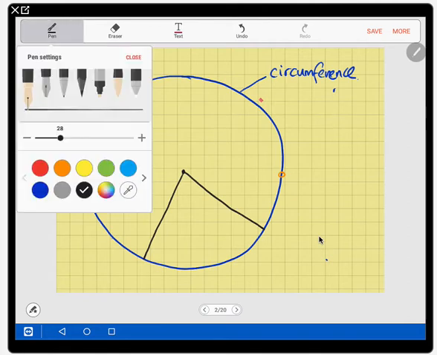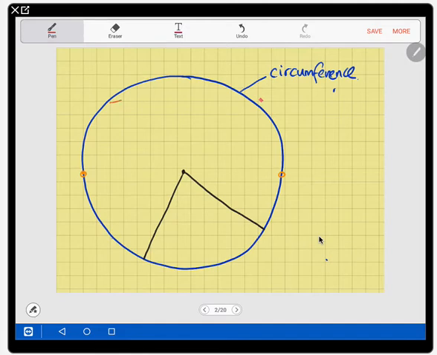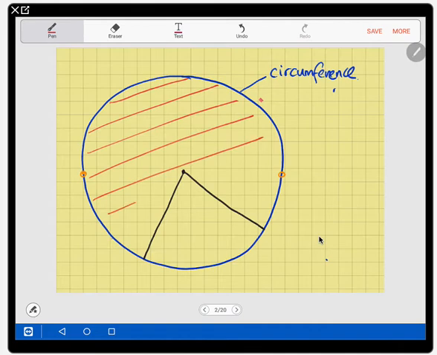Okay, that large part here, what's the name we give to it? We call it the major sector.